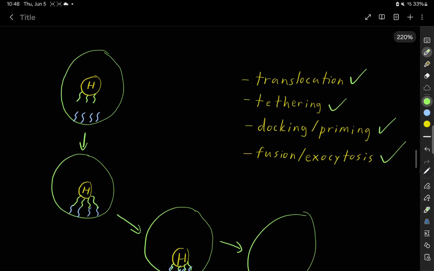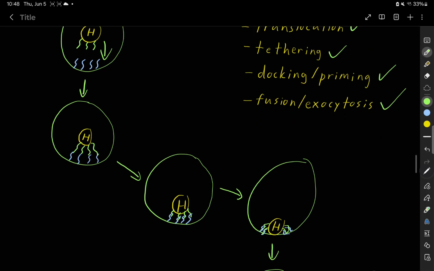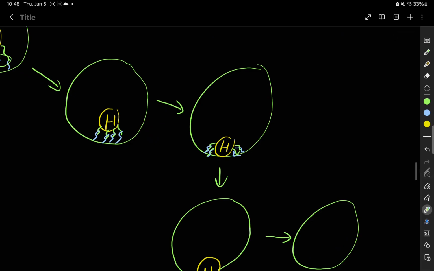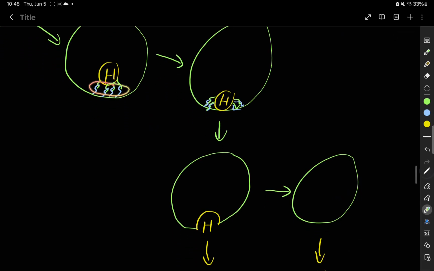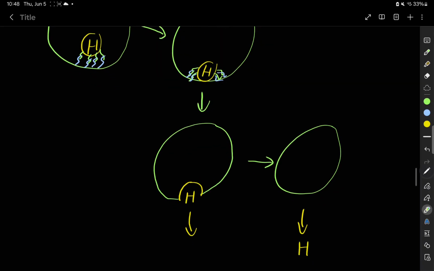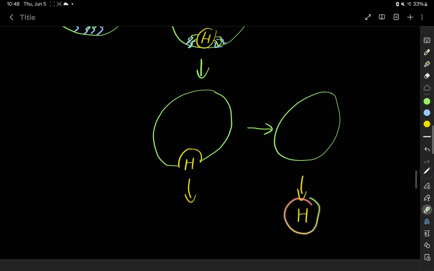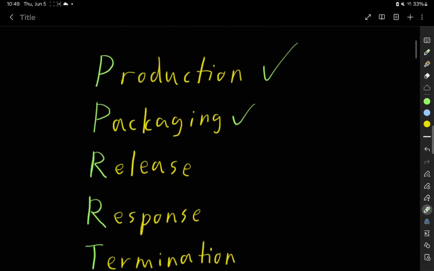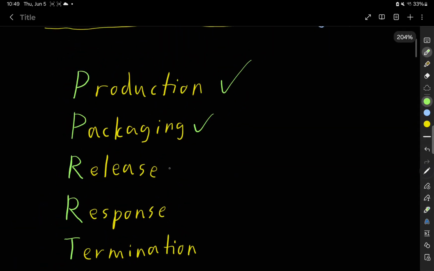So just to recap, translocation is when your granule or vesicle moves closer to your cell membrane, and then your SNAP and VAMP proteins tether up together, and then increased connections and more interactions happen between your SNAP and VAMP proteins, that is docking and priming, as it prepares for the final steps of membrane fusion and exocytosis of your messenger molecule out into either the synapse if it's a neuron or the extracellular space if it's a mast cell. And that concludes the 3rd step of our signaling pathway of release.